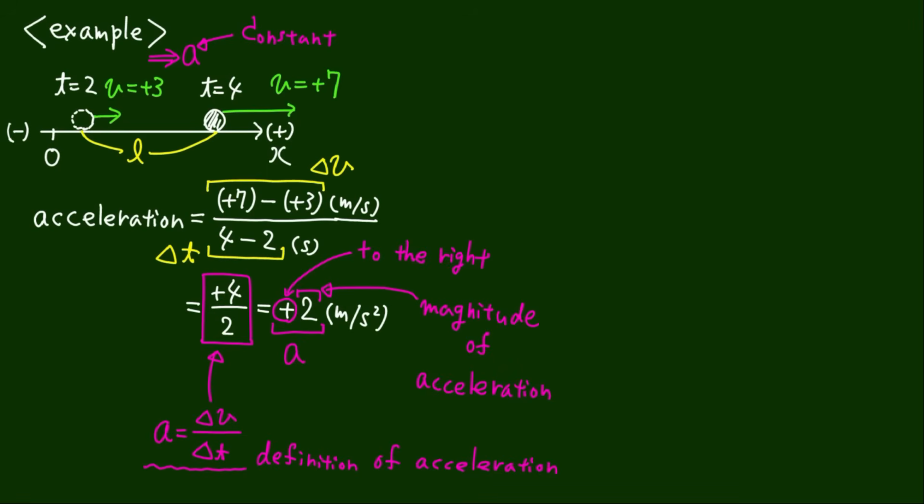And likewise, it would also be incorrect to say that it moved 14 meters by multiplying the final velocity of plus 7 by the elapsed time of 2 seconds. This plus 7 was only at the final moment, and it did not move at this high velocity throughout the entire time. So how should we calculate the distance in this uniformly accelerated linear motion?